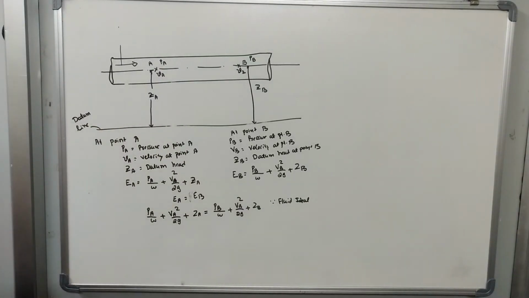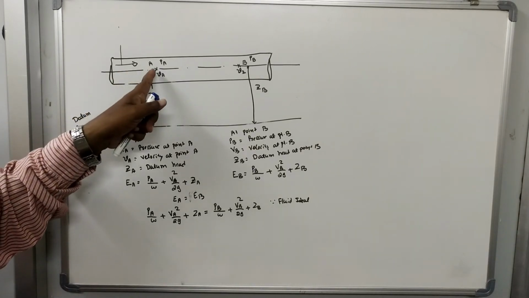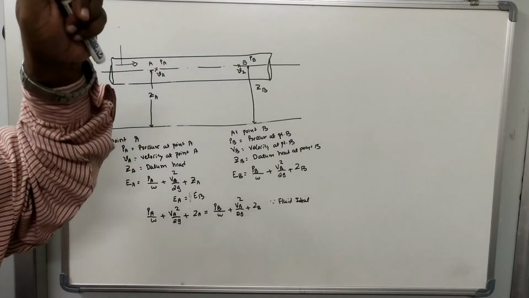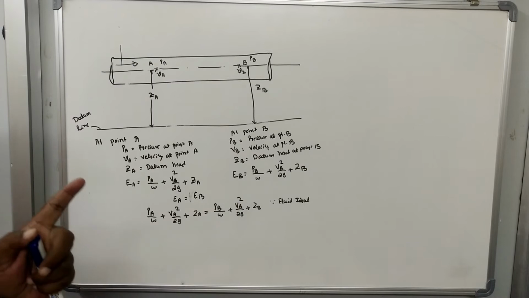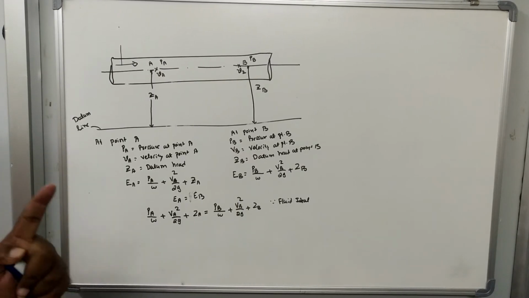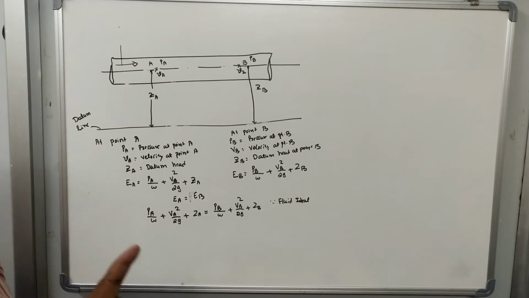So there is no energy head loss when fluid flows from point A to point B. But from a practical point of view, no ideal fluid exists.